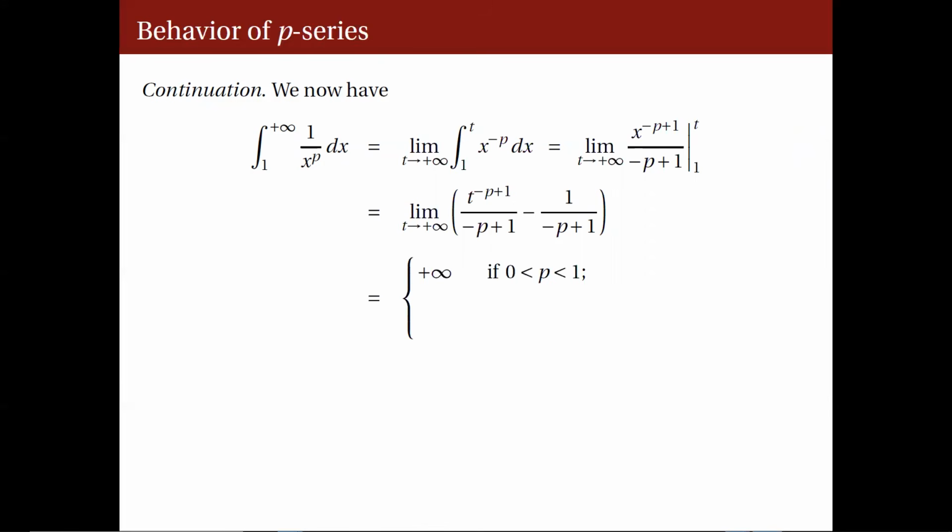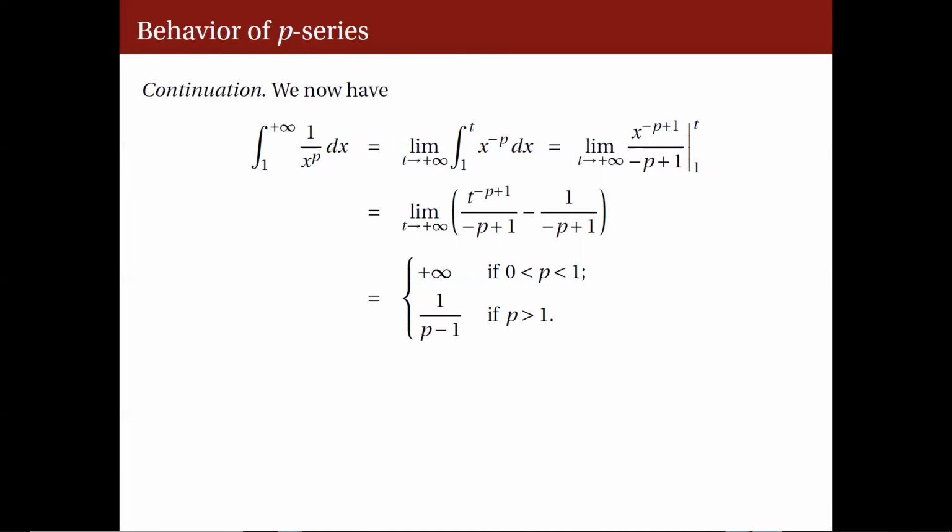Take note that for 0 less than p less than 1, ang term na minus p plus 1 ay positive. Kaya ang makukuha nating limit ay papunta lamang sa positive infinity. Kapag p greater than 1 naman, yung negative p plus 1 ay less than 0.